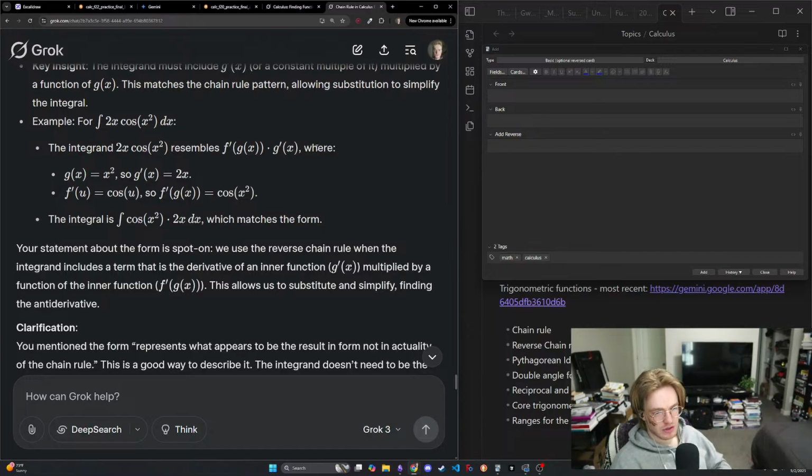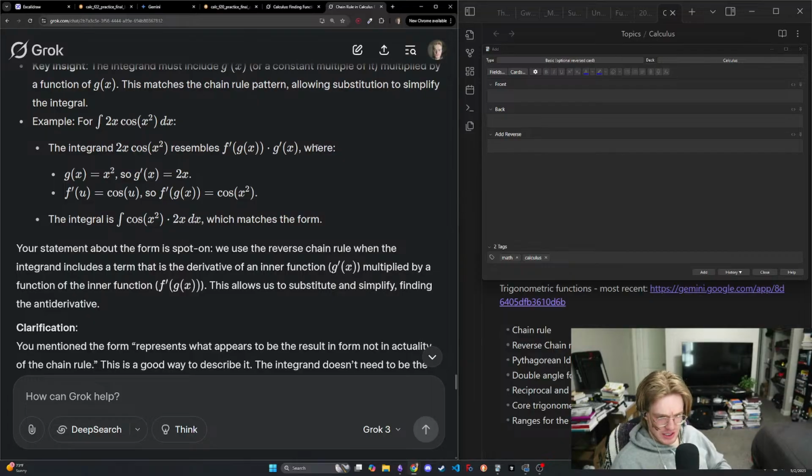For example, for 2x multiplied by cosine of x squared dx, the integrand 2x multiplied by the cosine of x squared resembles f prime of g of x multiplied by g prime of x.